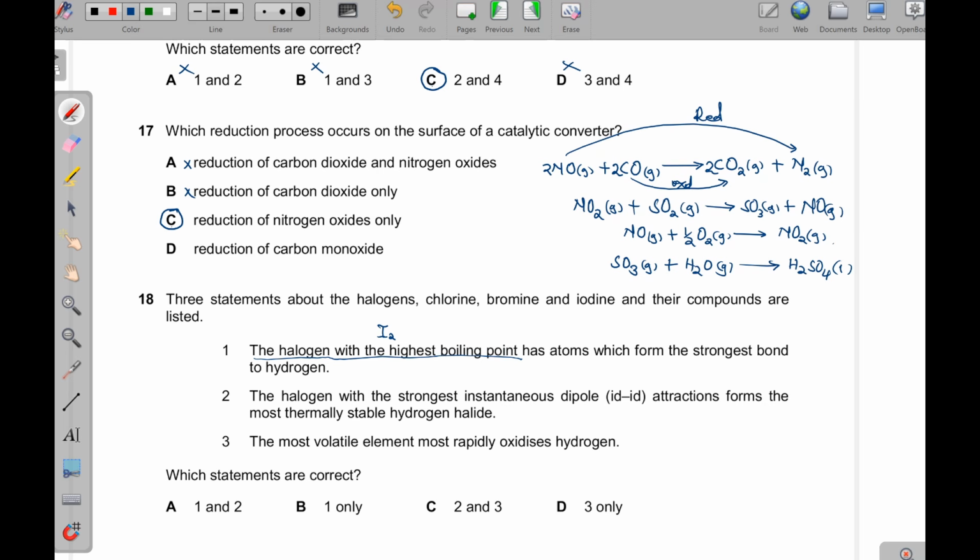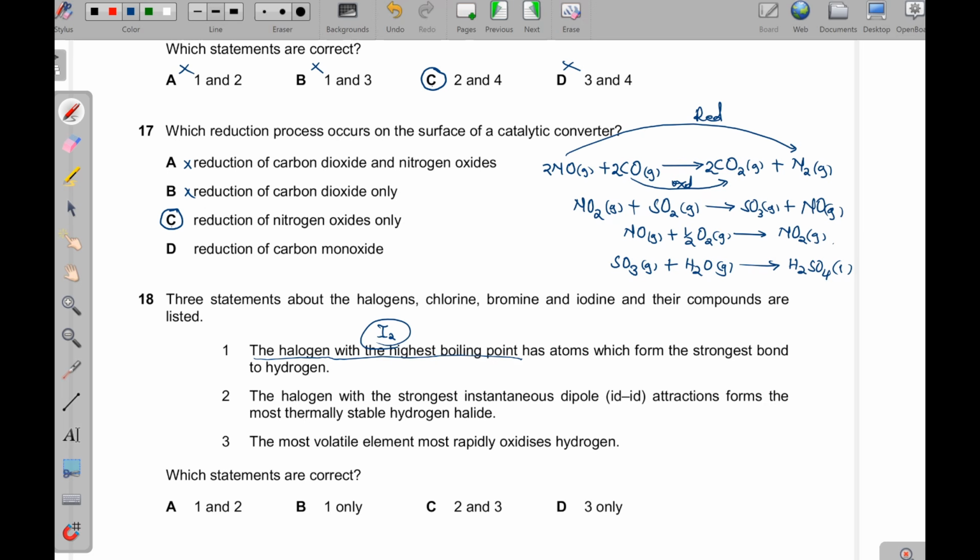And when the number of electrons increases for these nonmetals, the strength of the ID forces, or the intermolecular forces of attraction, is going to increase. And if the strength of intermolecular forces increases, then it is going to take some good energy to break those bonds. So the number of electrons increases down the group, the ID forces increase in strength.